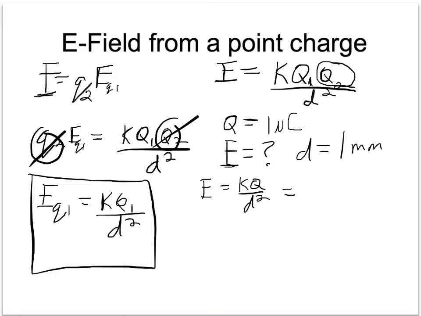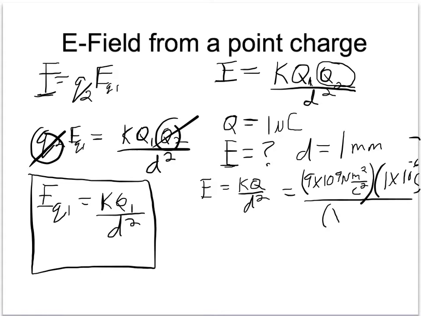So in this case that would be 9 times 10 to the 9th newton meters squared per coulomb squared times 1 times 10 to the negative 6 coulombs divided by 1 times 10 to the negative 3rd meters squared.